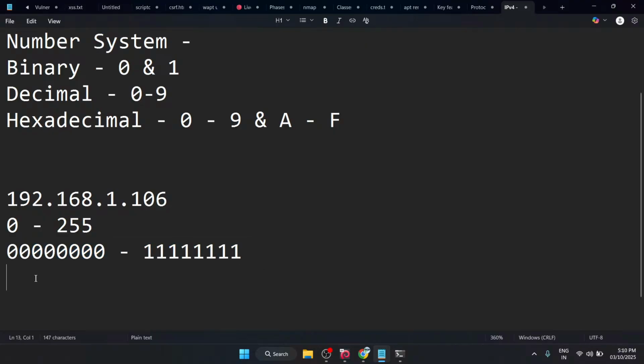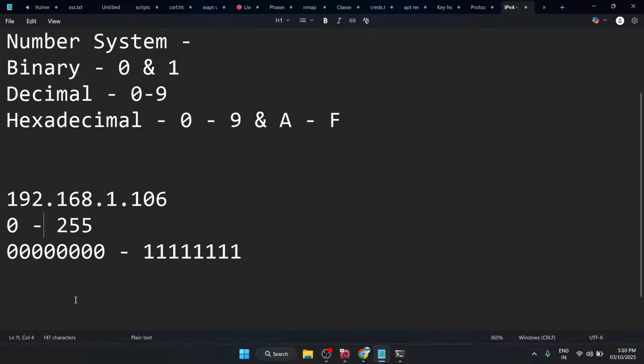Now if we make multiple combinations between 0 and 255, they are going to be like 00000001, 00000010, then 00000100, then 00001000, something like that.